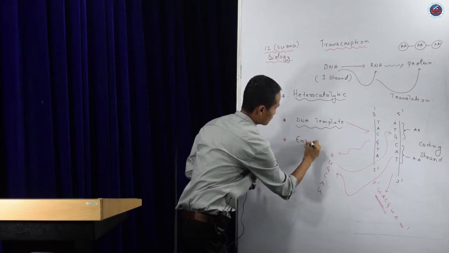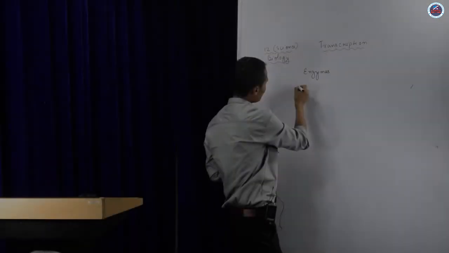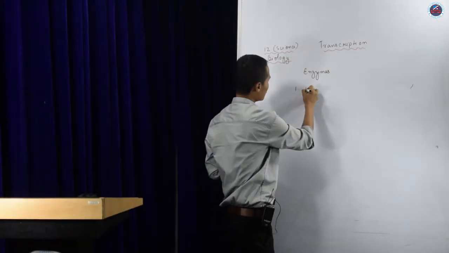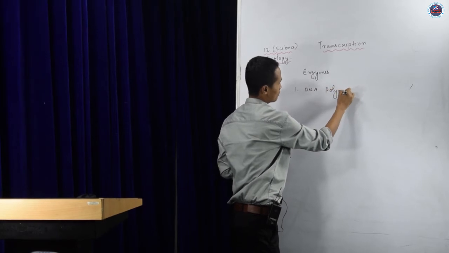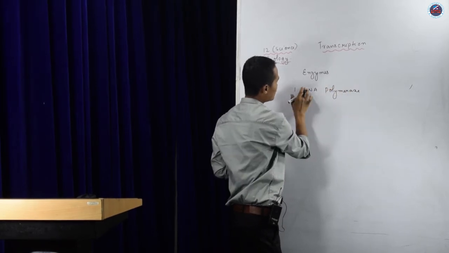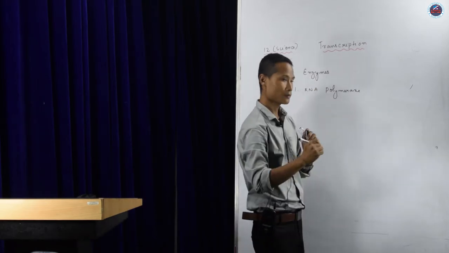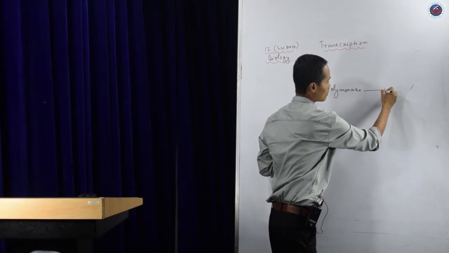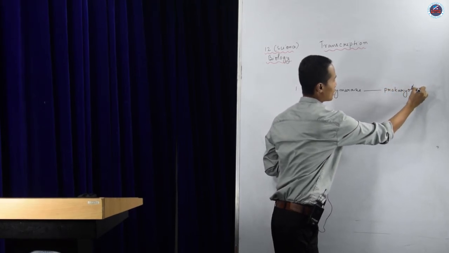Now the next important thing, third, is enzymes. Enzymes are needed for the process of transcription. The first enzyme is, not DNA polymerase, it's RNA polymerase. For prokaryotes, there is only one RNA polymerase.